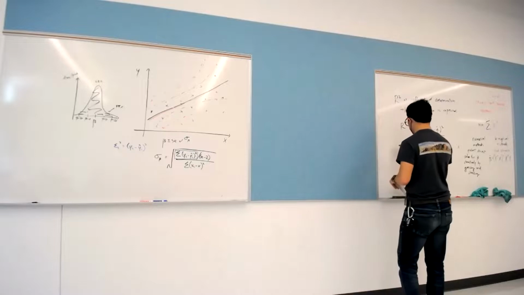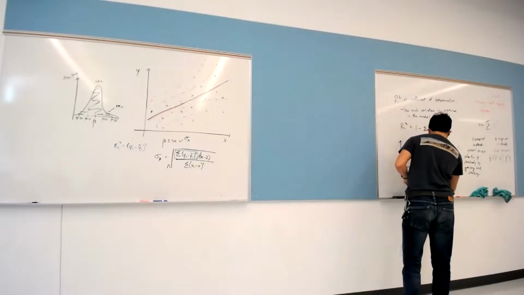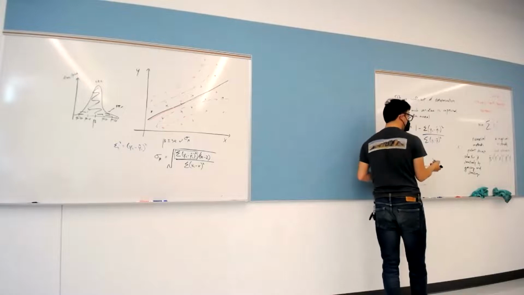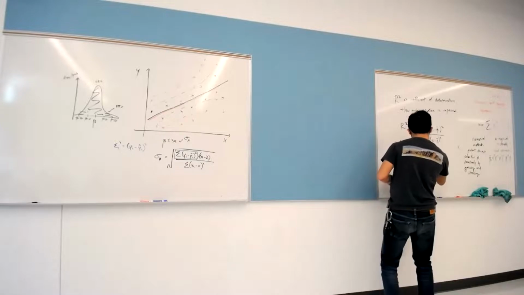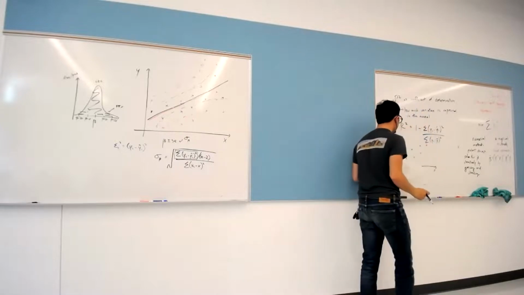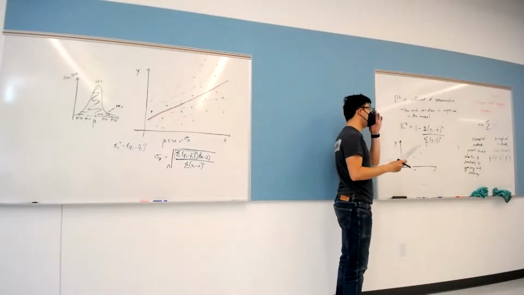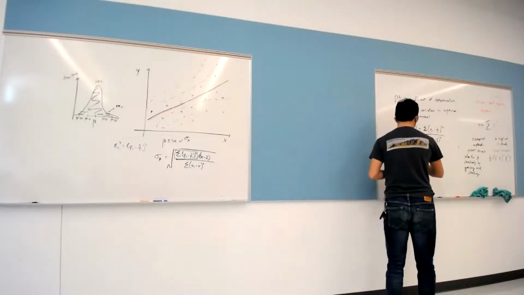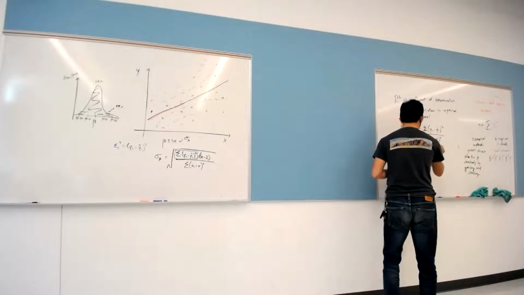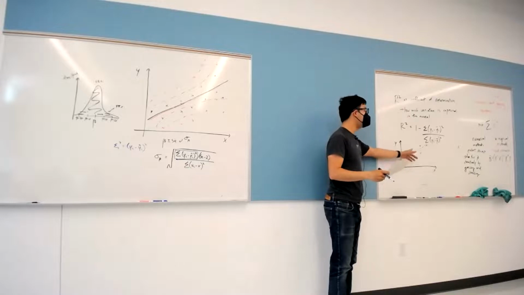I think the best analogy for this is, I forget how many times I have to make these plots in this class. Okay, so we've got our plot here. The R squared is basically saying, okay, I've seen that you are fitting this line here.